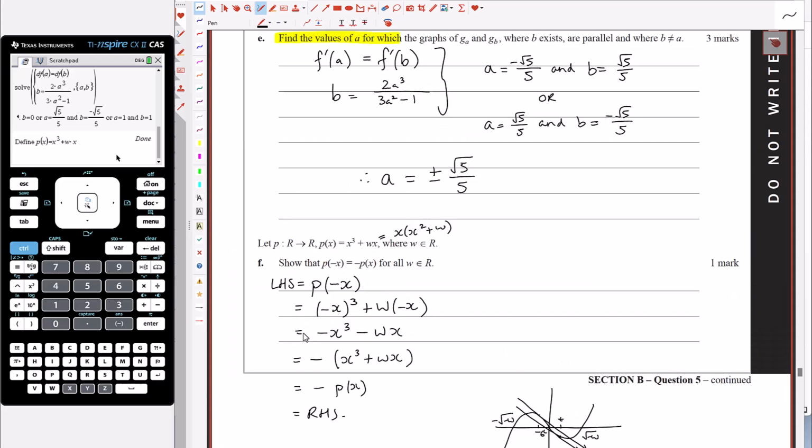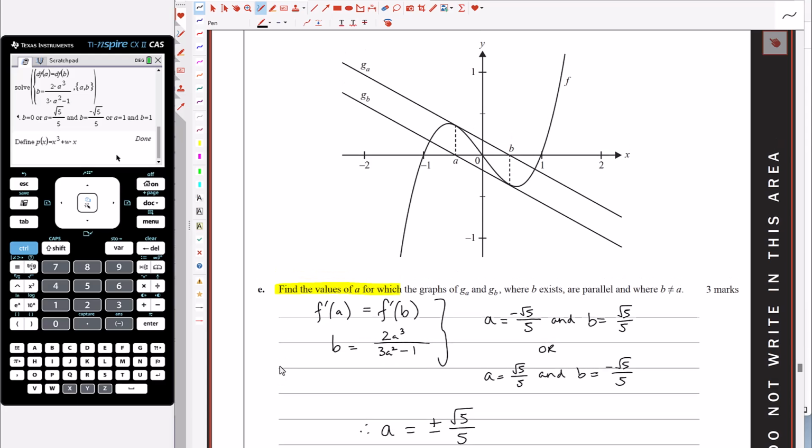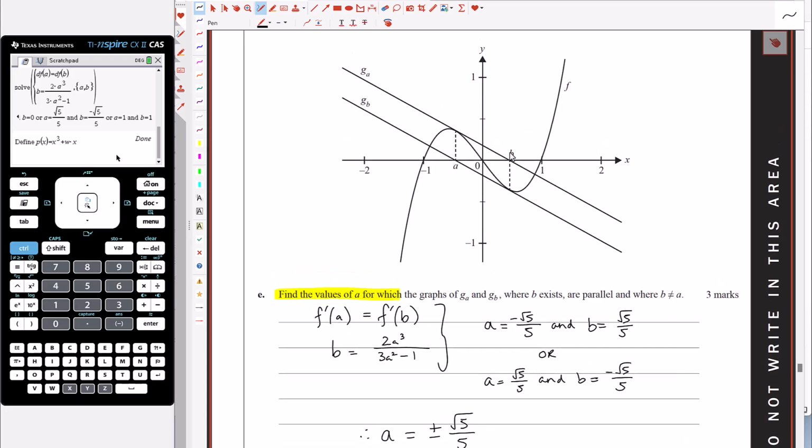Which is what we saw happening up here. So it's a generalized version of what's happening here, where this is going to be t and this is going to be negative t, and this therefore is square root of negative w, and this is negative square root of negative w, and that's the situation we're looking at.